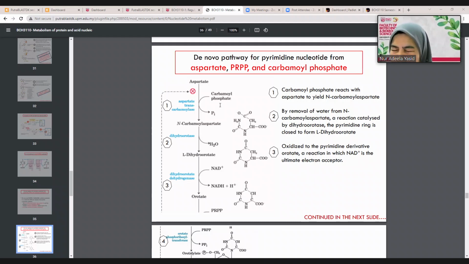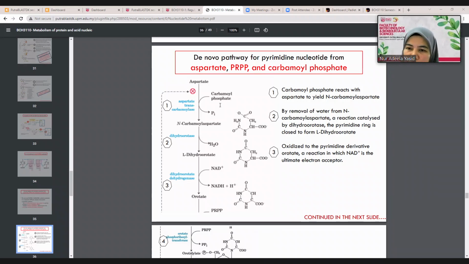Carbamoyl phosphate is synthesized from the reaction between glutamine and bicarbonate, catalyzed by carbamoyl phosphate synthetase 2. You must be familiar with this reaction if you have studied the urea cycle, which you discussed with Dr. Dina.